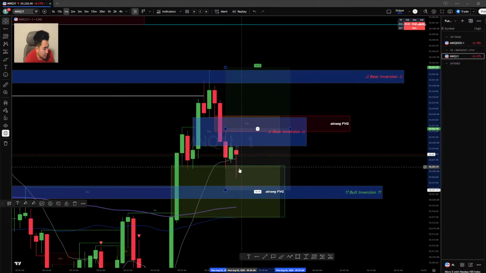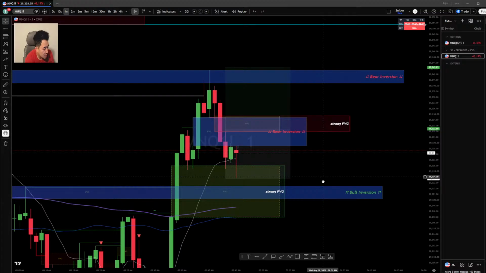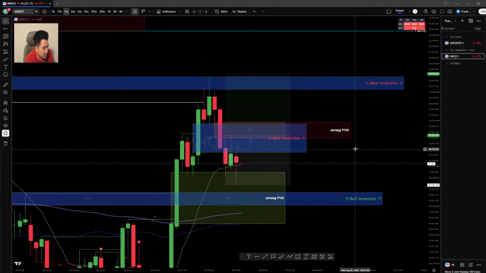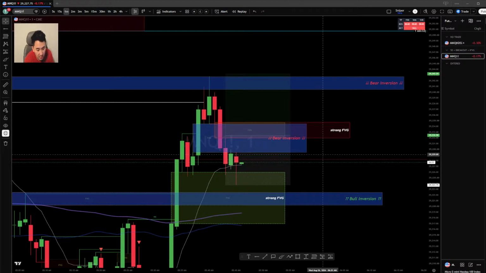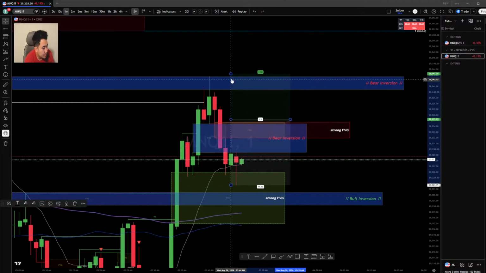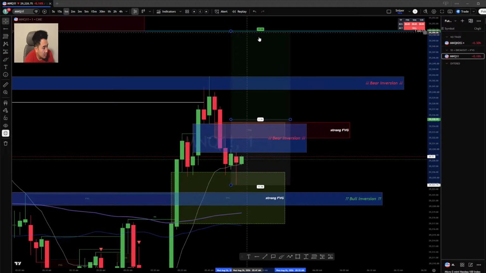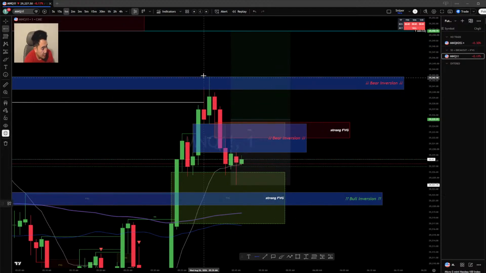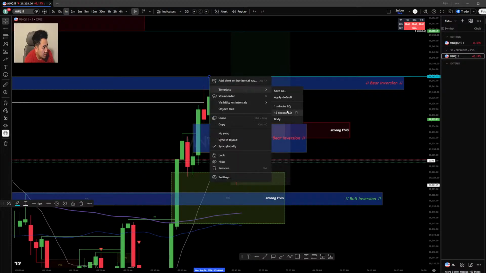So what I'm going to do is get set up just in case. If price spikes through, closes above all this and breaks it, then we could possibly get in. Target, we have a 15-second liquidity up here.